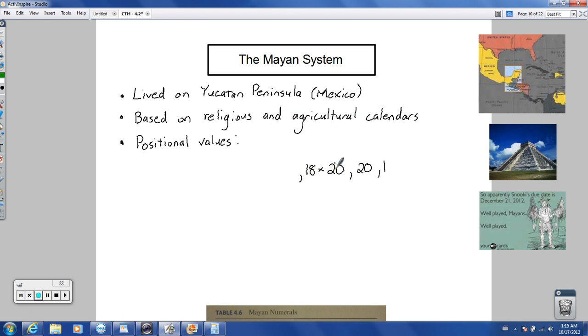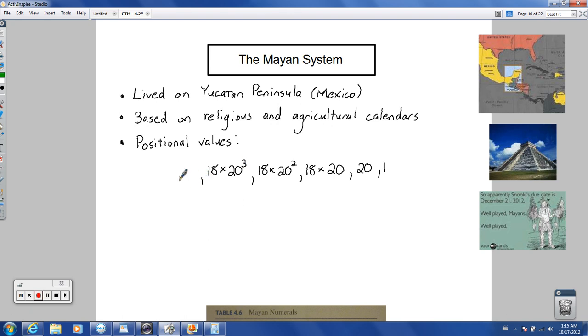So 18 times 20 is 360, and then the next ones after that are just additional multiples of 20. So it's 20 squared, 18 times 20 cubed, and so on.